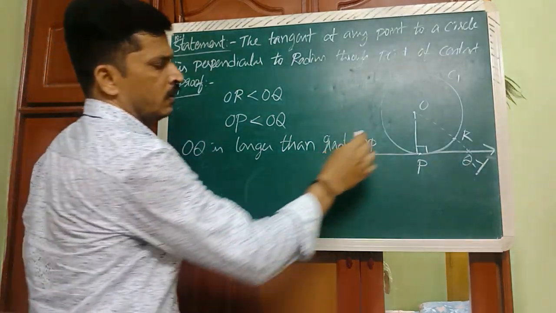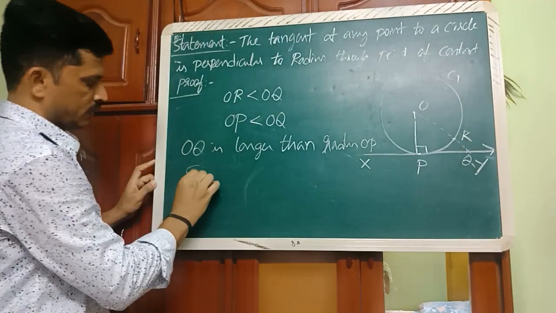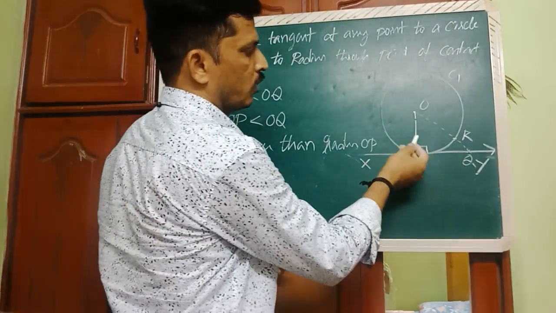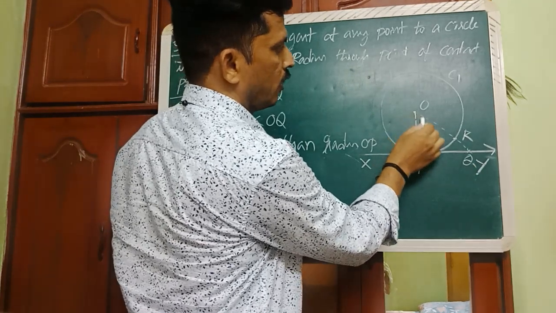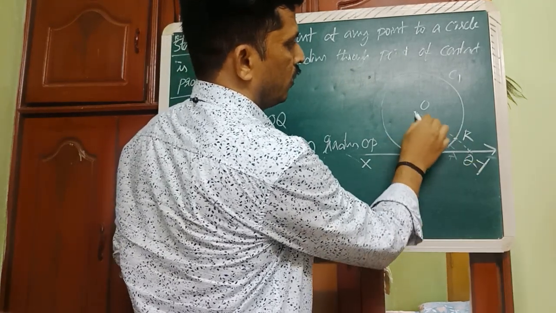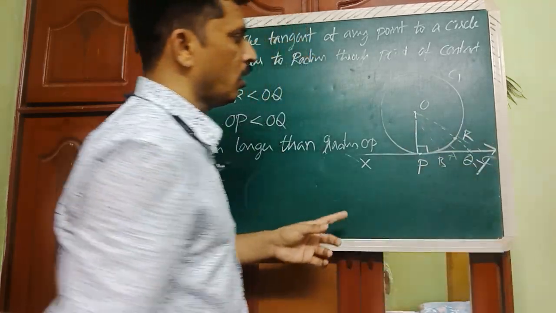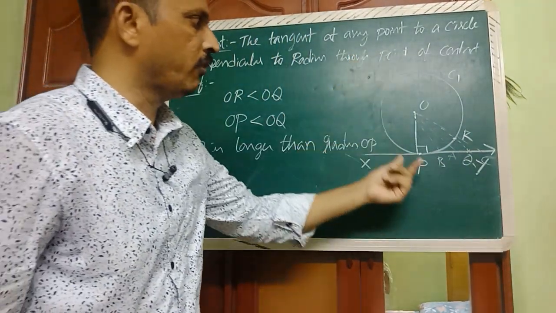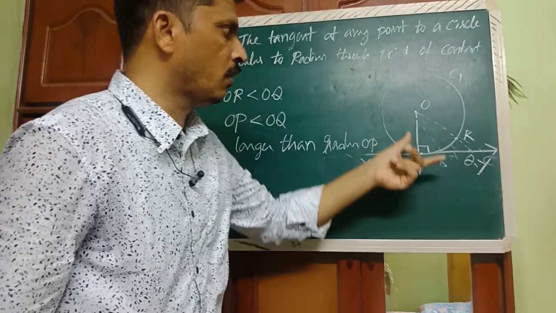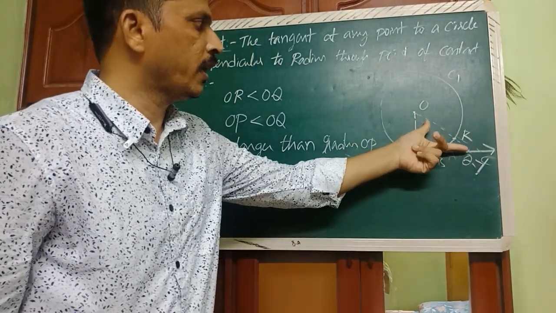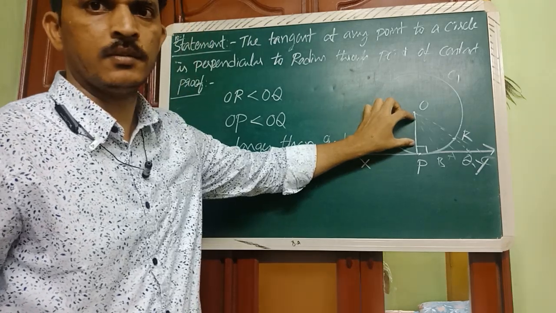Since we can take some points, not only this point Q, I will take this as A, this as B, this as C. I take all these points. If you observe each and every point, all these line segments are longer than OP.